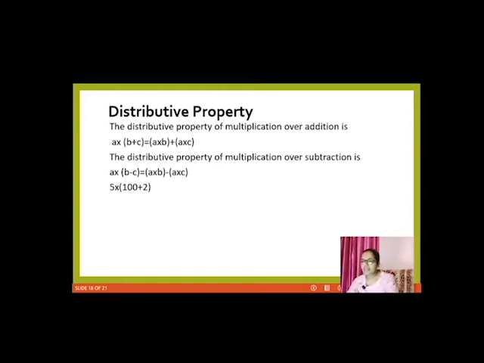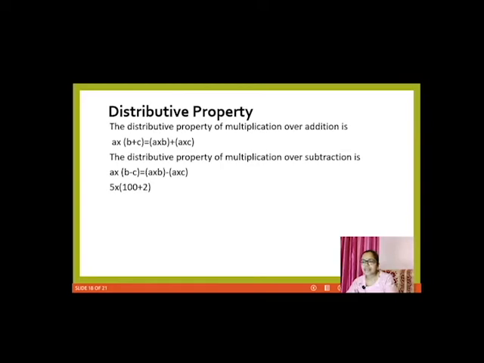In the first case, you can see the sum of B and C to be multiplied with A. So how to open this bracket? To open this bracket, you have to distribute this product over B and C separately.